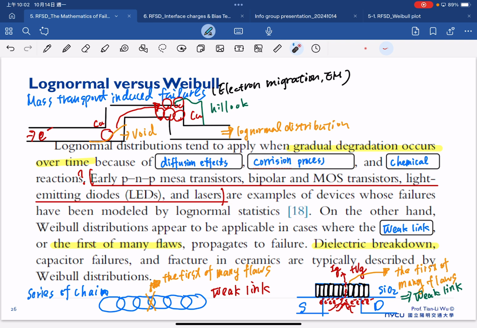So when we talk about TDDB, we will also talk again about why we can use this Weibull distribution, and in that part you will start to see many examples where people prefer to use the Weibull to understand the TDDB case.